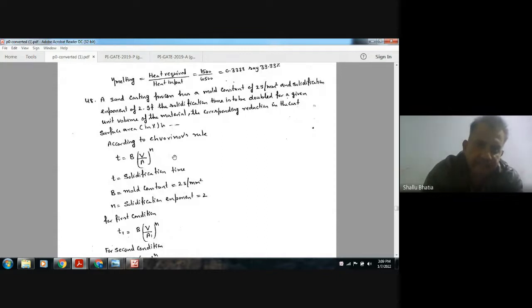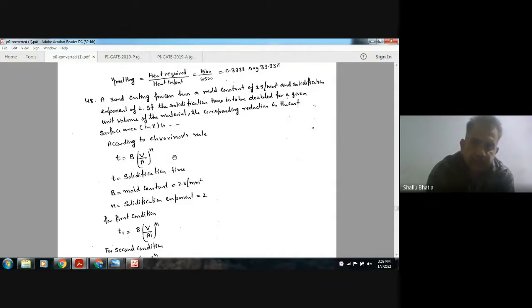a sand casting process has a mold constant of 2 seconds per mm square and solidification exponent of 2. The solidification time is to be doubled for a given unit volume of the material.